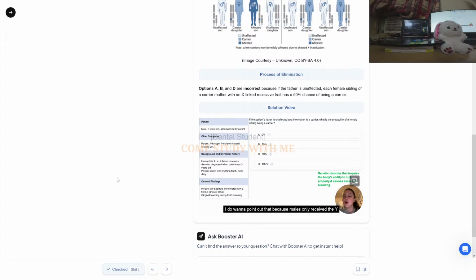males. I do want to point out that because males only receive the Y chromosome from their father, any male with an X-linked recessive condition will have received that mutated allele from either an affected mother or a mother who is a carrier.